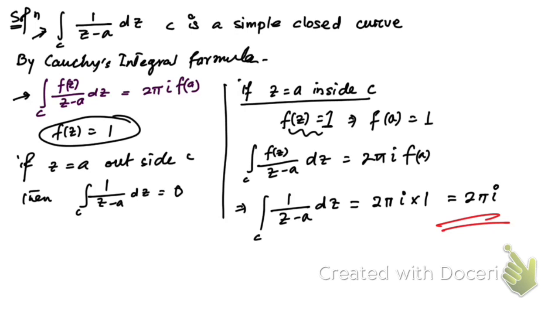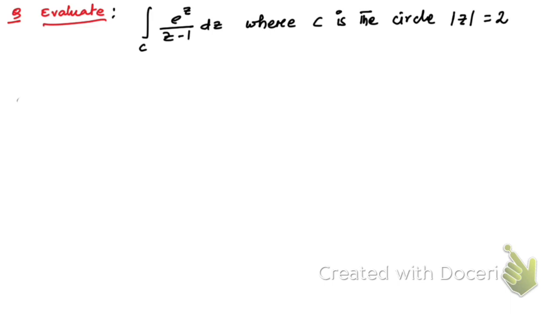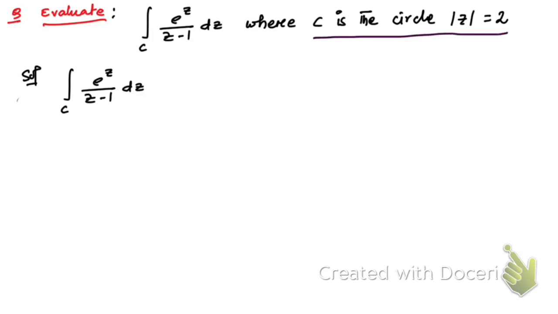Now let me take another question. So now we are going to solve this. Here the given integral is this one, right? Here C is a circle, mod of z is equal to 2, which means the radius is 2.